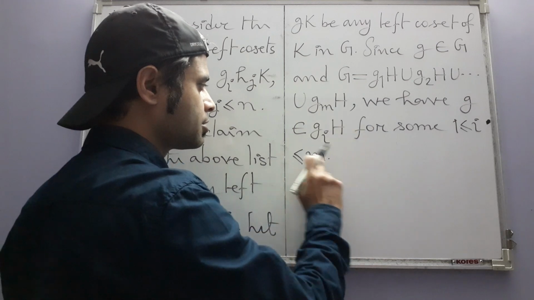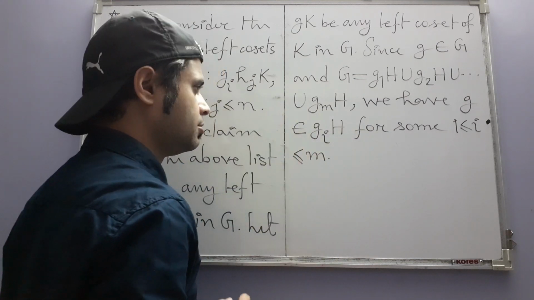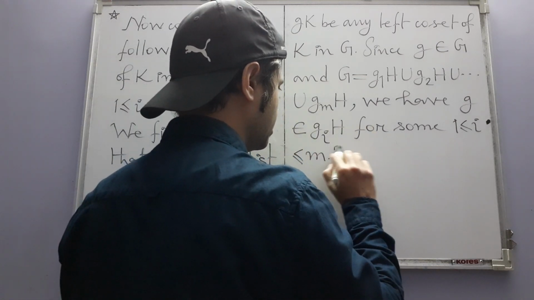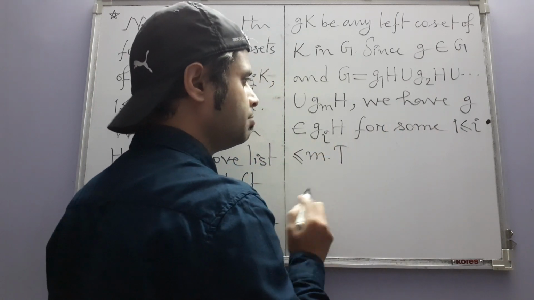So let that coset be giH. Then g belonging to giH means what?